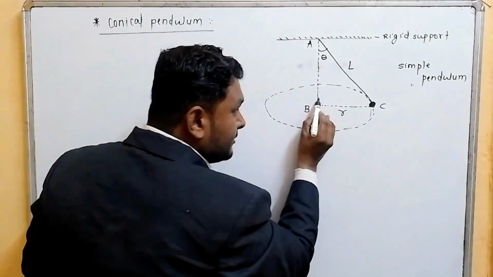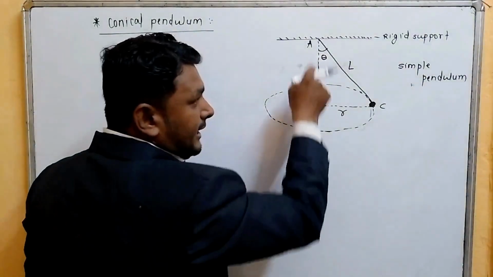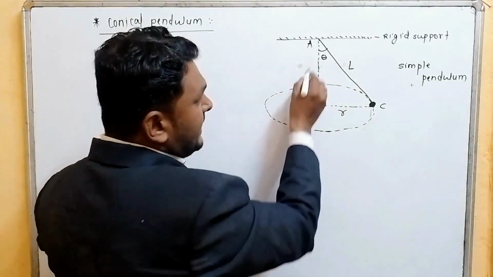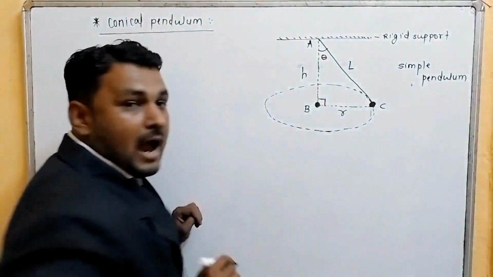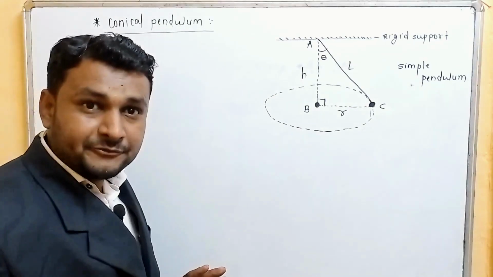So this is the length of the string. As you know that both are perpendicular to each other, therefore ABC will be a right angle triangle. And AB is the height of the string. Is it clear to all of you?